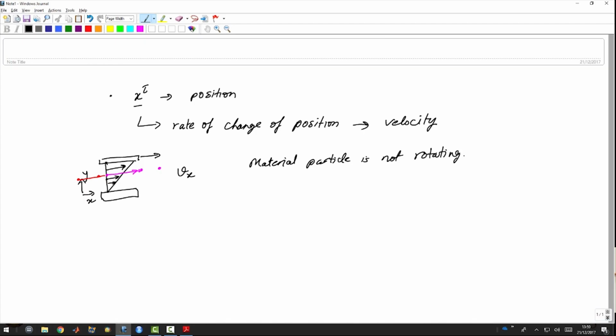However, locally what happens? So if we, let's say, take a very small portion of this and then zoom in, and let's say I put a small object like this in the flow. What happens is the top end of the object has slightly higher velocity than the bottom end. And of course this overall object will move just the way these material particles move. So we saw that the material particle was here and then it moved here, or in the past it was in some other locations.